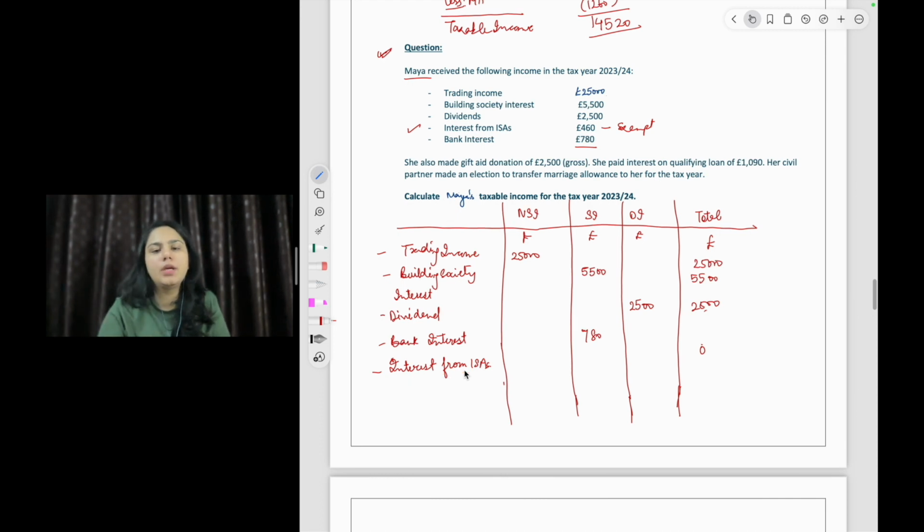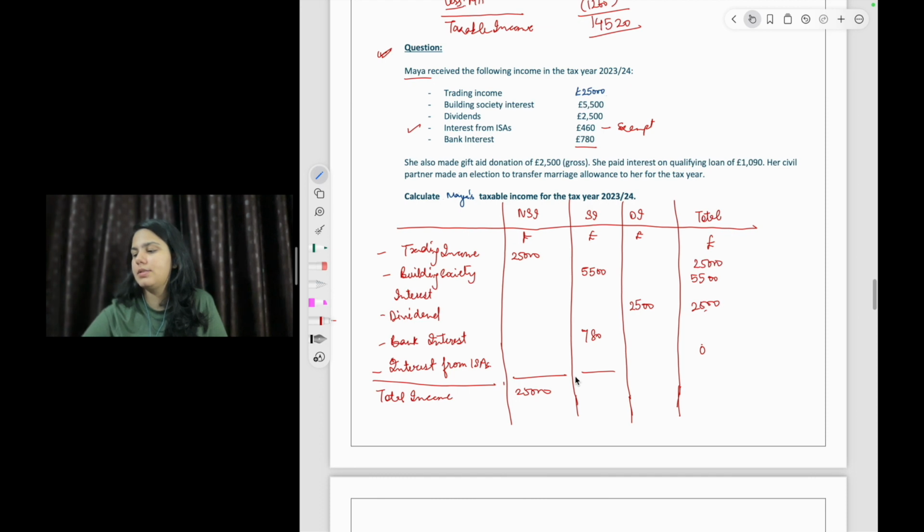Therefore, my total income comes as 25,000 trading income, savings income is 5,500 plus 780, which is 6,280, and dividends 2,500. The total is going to be 28,830.